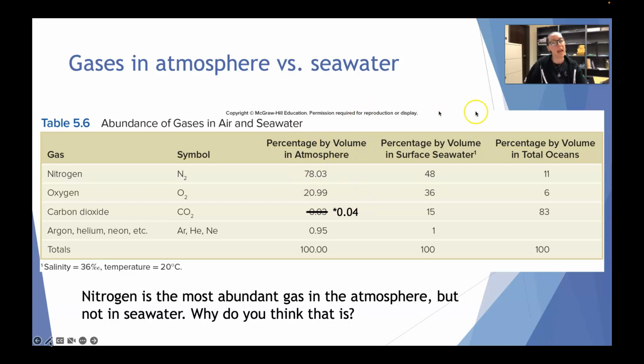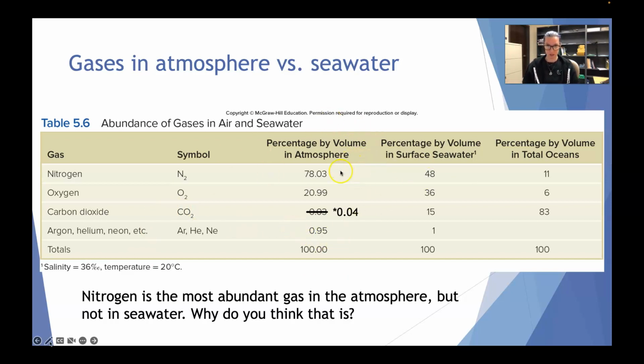But then if we compare that value of what's in the atmosphere versus what is in the surface seawater, that's a big thing to note here, with the particular salinity and water temperature, because again, these concentrations can then vary, right? Because of that saturation concentration.